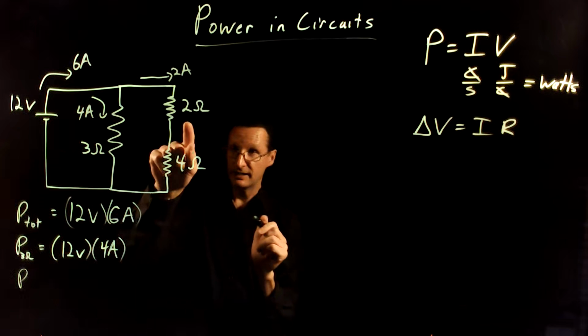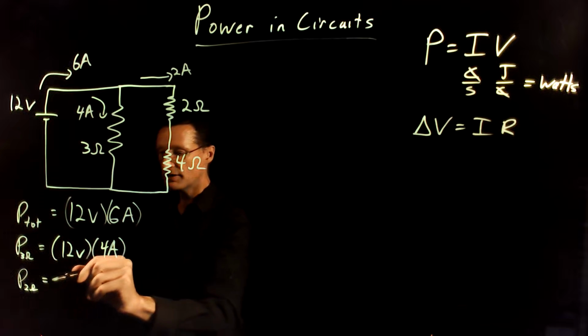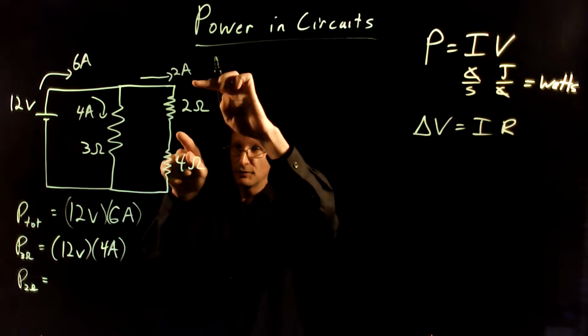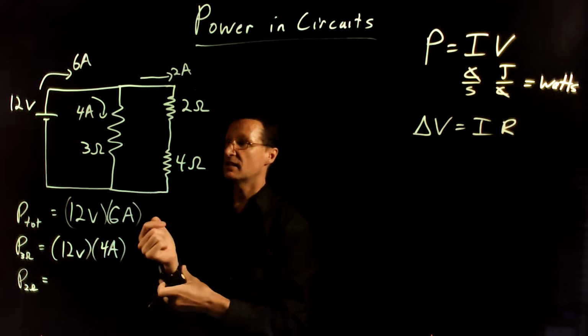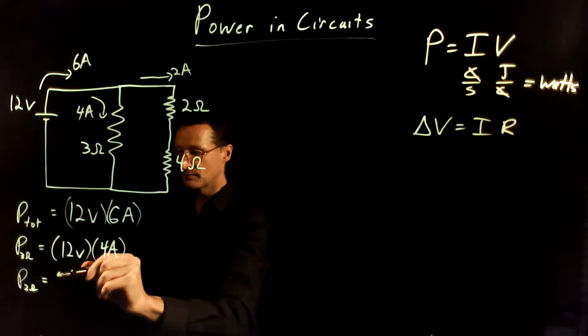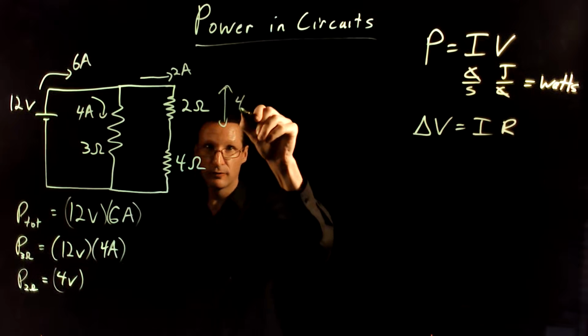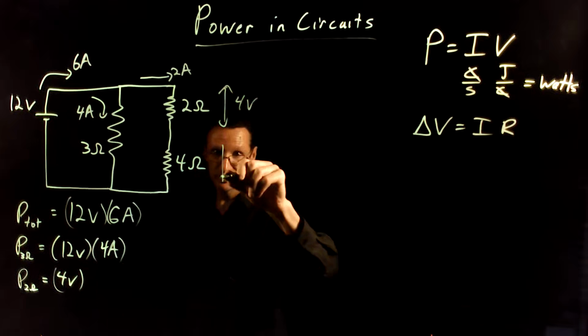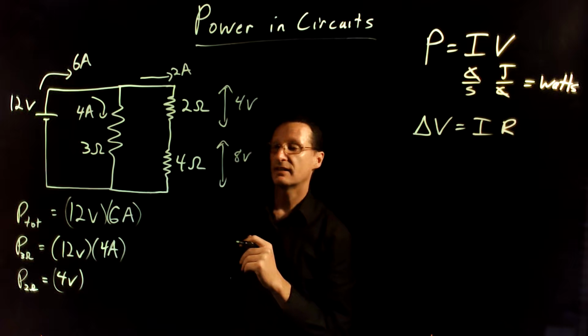Likewise, you could find the power dissipated by just this one resistor, the 2 ohm resistor, by finding the voltage drop across that resistor, which is going to be 4 volts. So if you analyze this circuit, you'll find 4 volts is dropped across the 2 ohm resistor, and that 8 volts is dropped across the 4 ohm resistor.